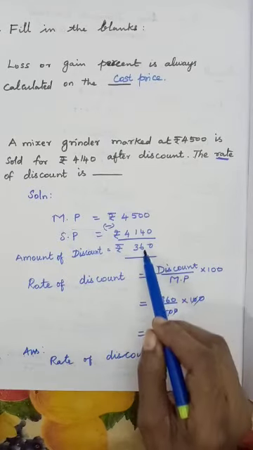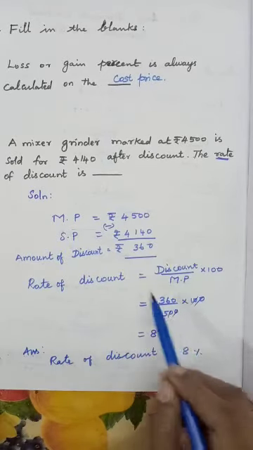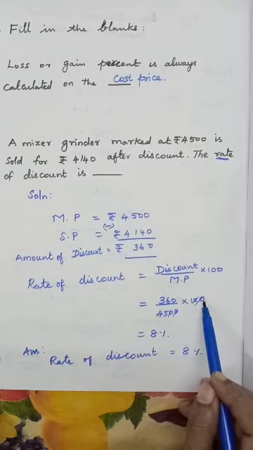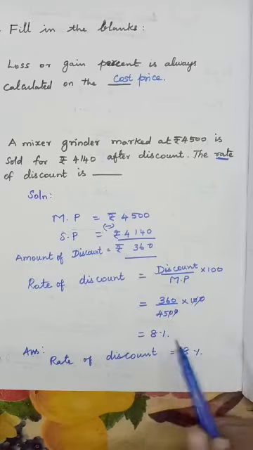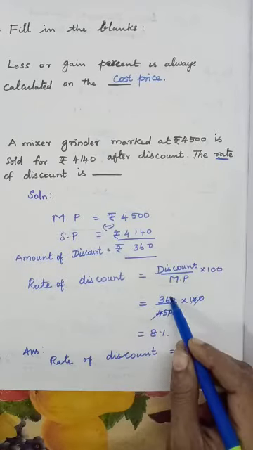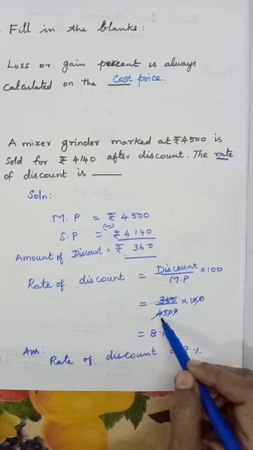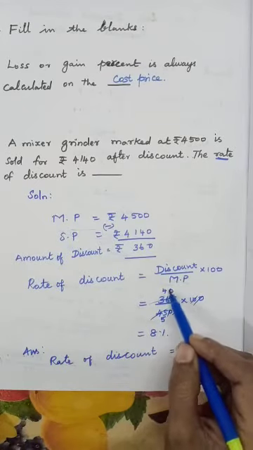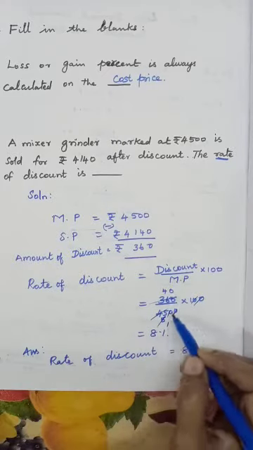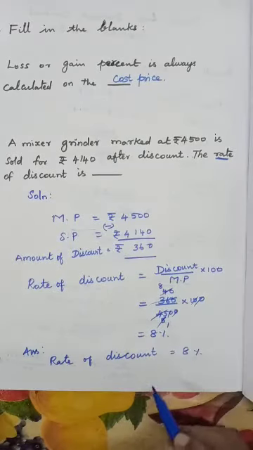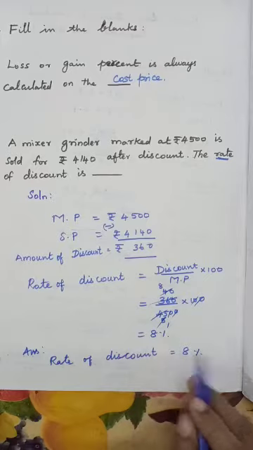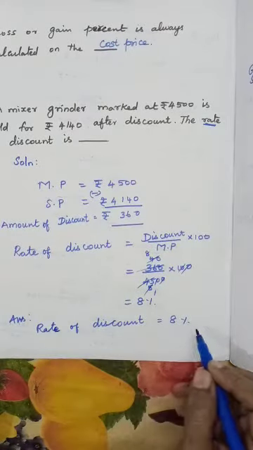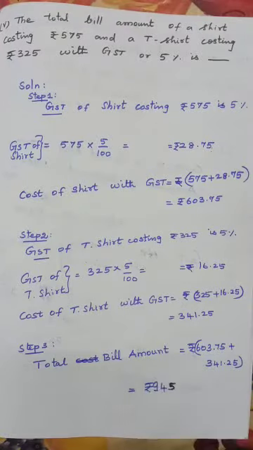What is discount? 360 by MP, which is 4500, into 100. 0, 0 gets cancelled. Now by 9 table we can cancel. 9 5s are 45, 9 4s are 36, 1 0 here. Again 1 5 is 5. 8 5s are 40. So the answer is rate of discount is equal to 8%.